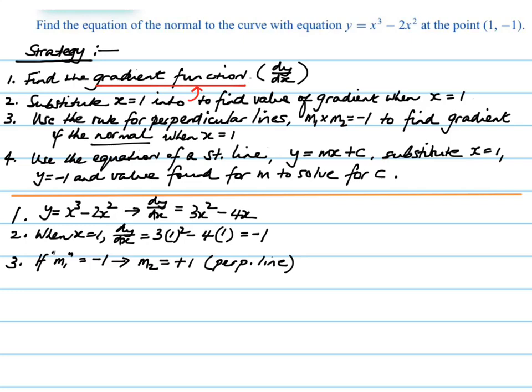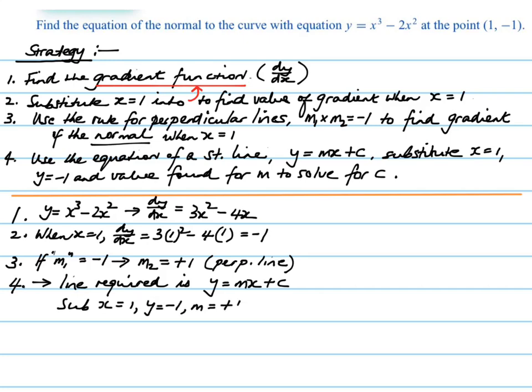Good. Now we've got everything we need for the knockout punch. The line required for the normal line is y equals mx plus c, where we know x was 1, y is minus 1, and m is plus 1. So c is the only one we haven't got, and it is going to be found out.